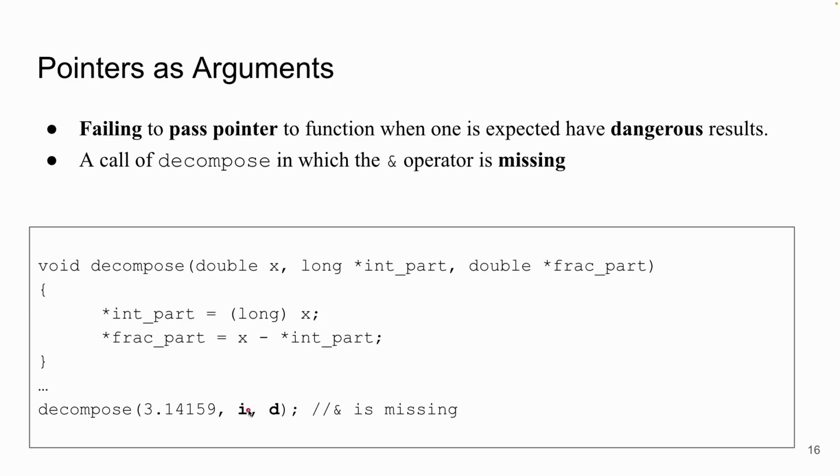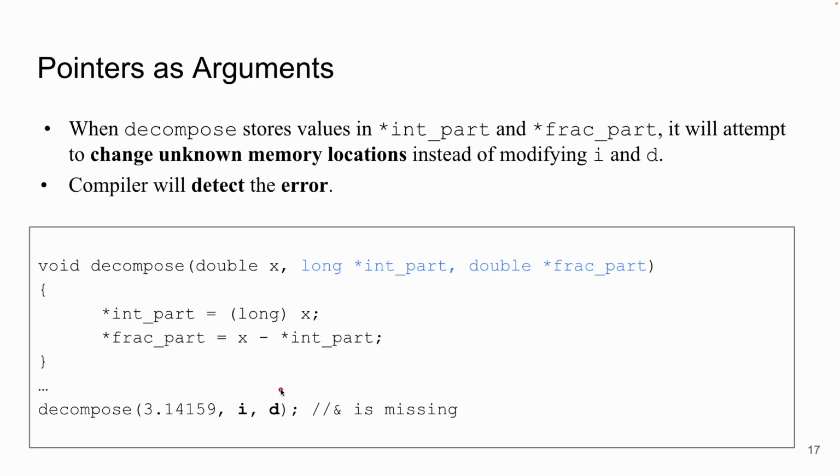So the first error it might cause is a type mismatch, right? Although you can do implicit type conversions, the value of a memory address is very different from an ordinary floating point and integer value. So if you forget to put the & operator, it can cause a compilation error. And if your compiler is not that smart, the compiler might just store the integer value of i in the pointer variable.